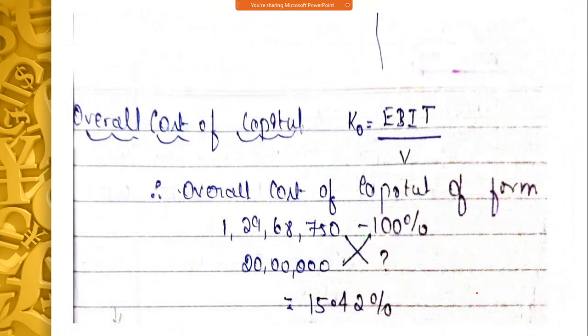Now, regarding the overall cost of capital, we have the formula K naught is equal to EBIT divided by the value of the firm. K naught represents overall cost of capital, EBIT represents earnings before interest and tax, and V represents the value of the firm. So, if you know the formula, we can use the earnings before interest and tax, which is given to be 20 lakhs.